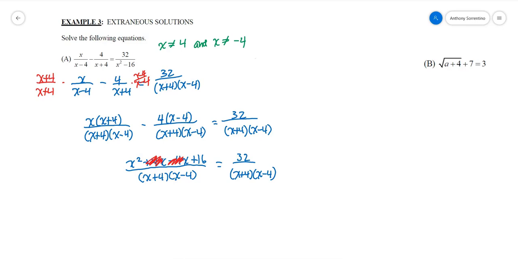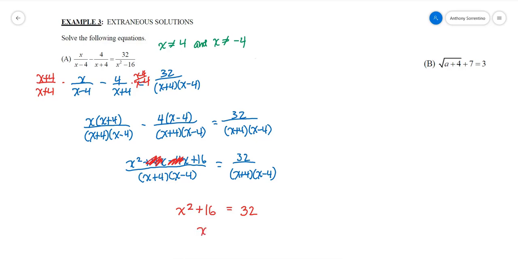But I can also use the fact that I have x squared plus 16 over the same denominator as 32. If they're both being divided by the same thing, that means that the tops have to be equal to each other. So I have to work under the premise now that x squared plus 16 would have to equal 32. Makes sense.